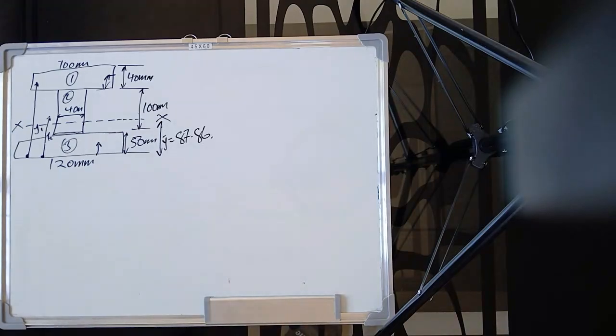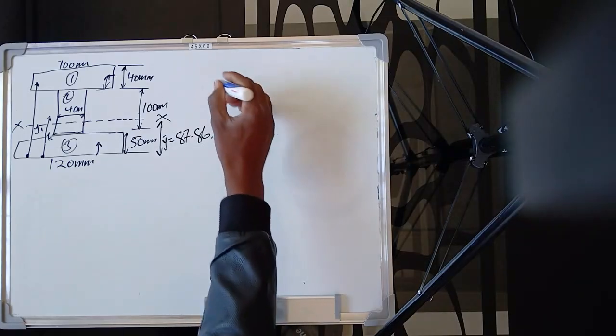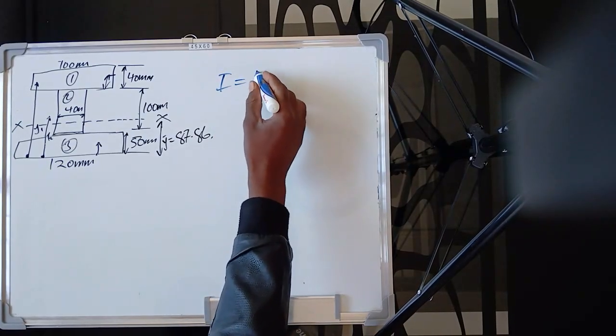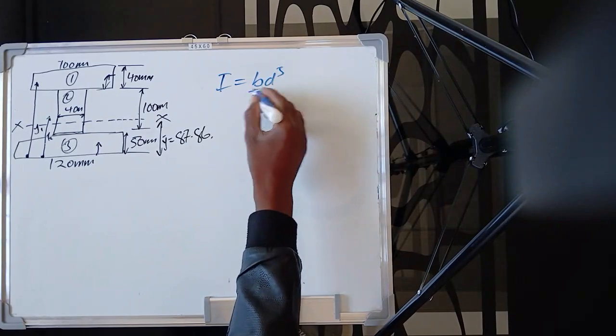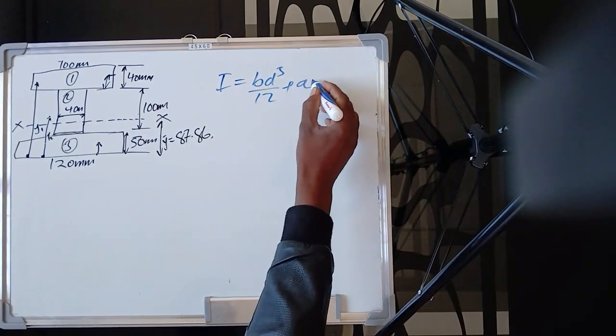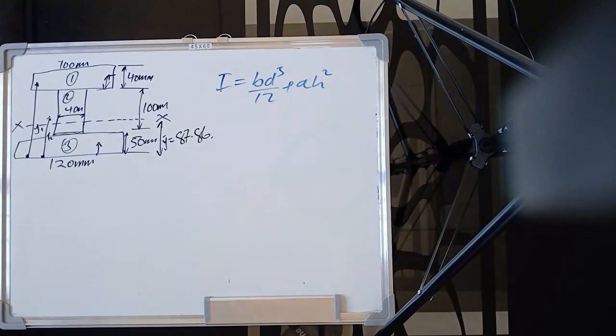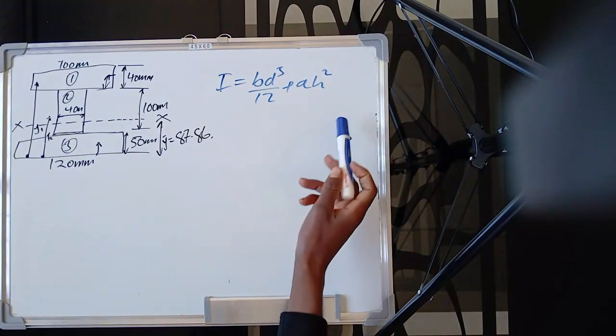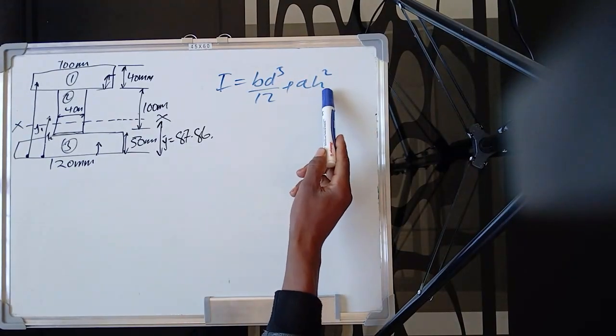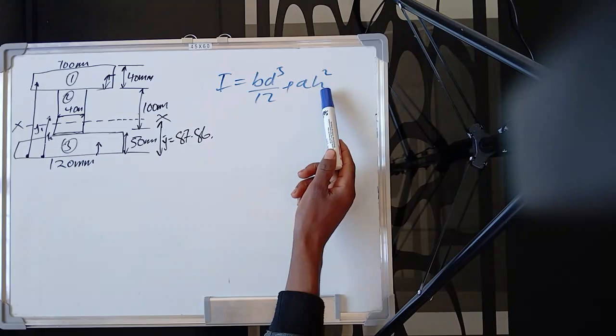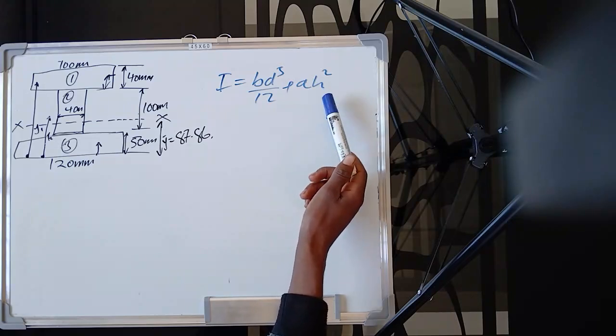All right. So part 2 is asking us to find the moment of inertia. Now, remember that the formula for moment of inertia is BD to the power 3 over 12 plus AH squared. Okay. Now, remember, we said H is simply the distance from the neutral axis to the center of gravity of the individual part.